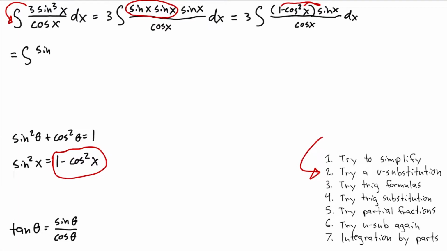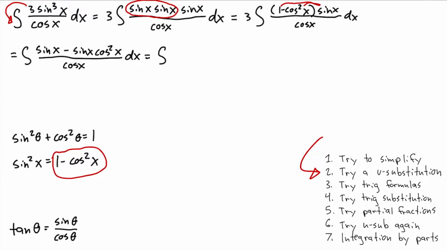So up here we'll have sine of x minus sine of x cosine squared of x, all on top of cosine of x. And again, from the previous step, it looks like the problem got more complicated, but it's actually not. Because anytime you see a plus or minus sign, you can split up the integral. Let's go ahead and do that.